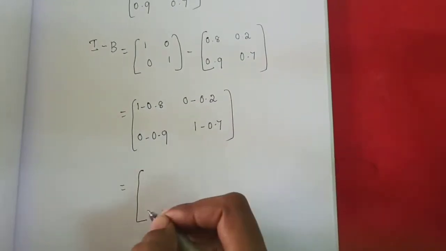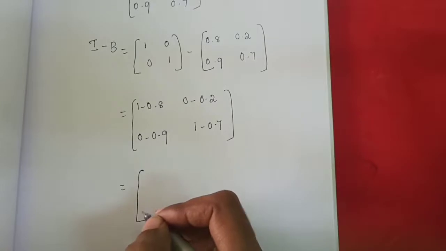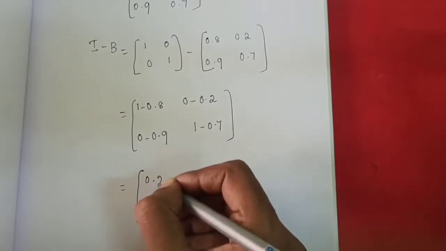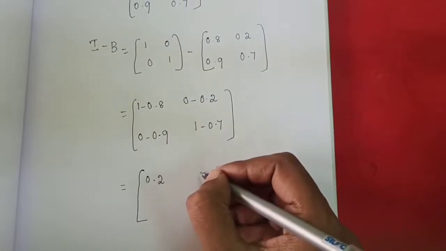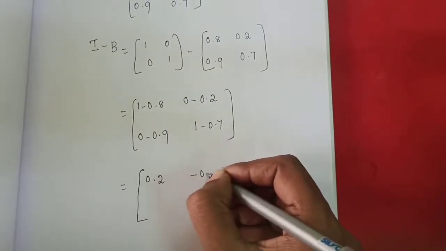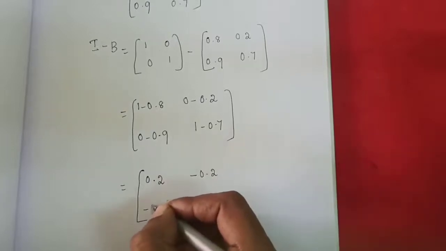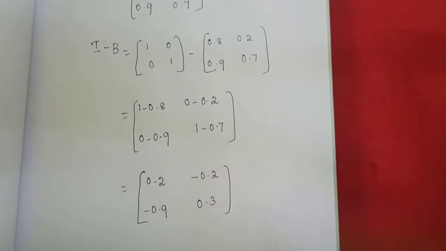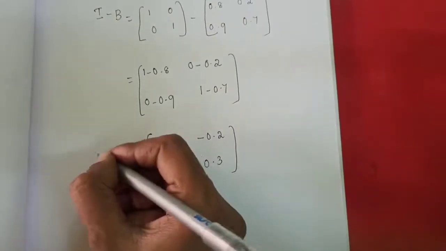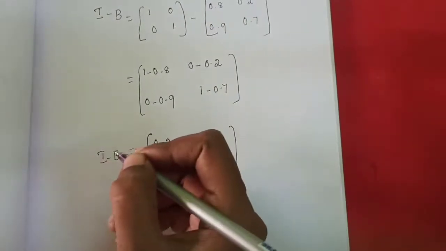What is the value of 1 minus 0.8? 0.2. Here 0 minus 0.2 means minus 0.2. This one minus 0.9. This one 0.3. Now you have subtracted all the values. Now you got I minus B.